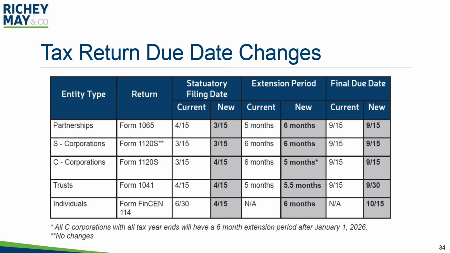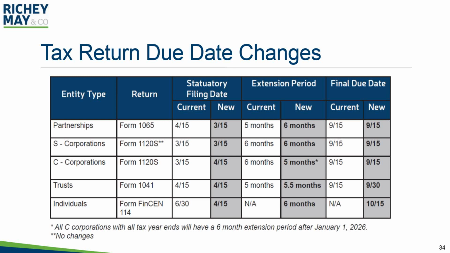So you can see the IRS's intention making some of these changes, and Washington's intention, was to have similar entity types have similar due dates and more naturally write into law the natural flow of how tax returns should work.